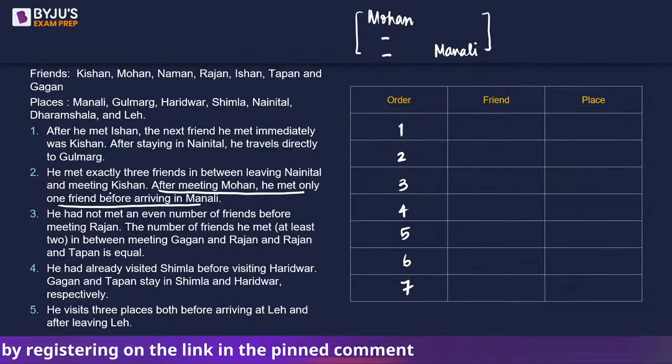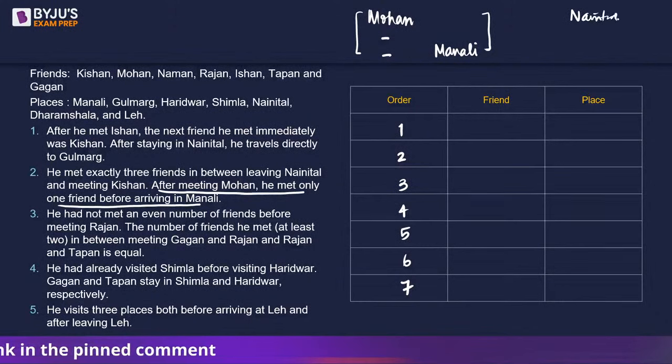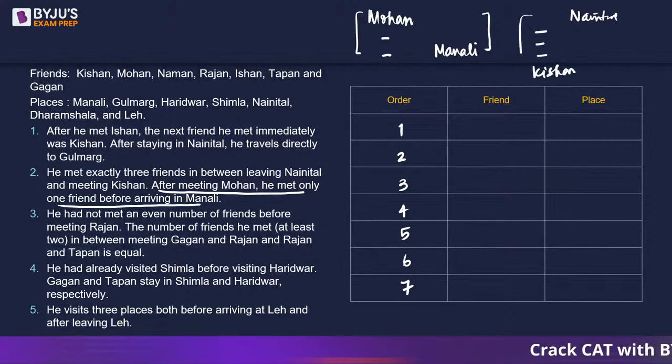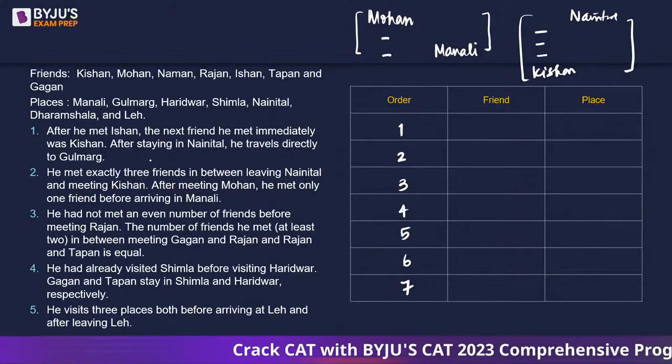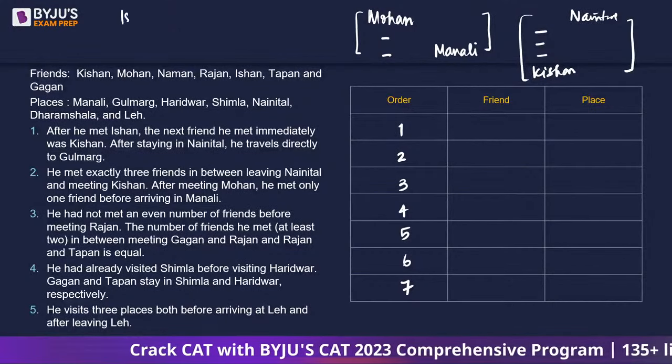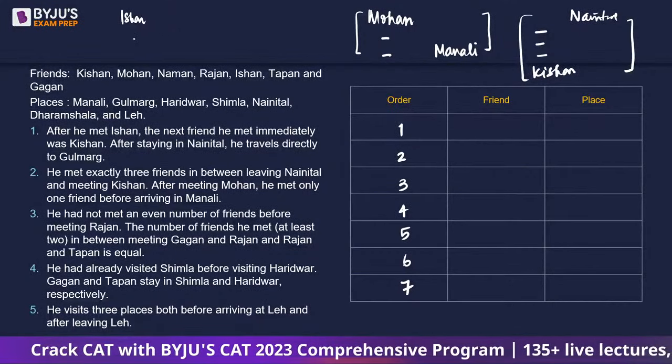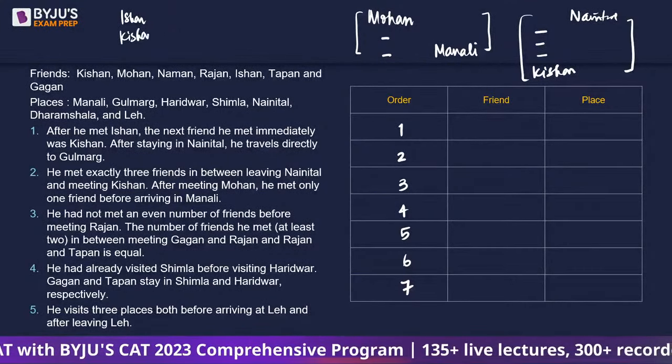Nainital and meeting Kishan. So if I put Nainital here, after leaving Nainital and meeting Kishan, he met exactly 3. So this is the arrangement we are supposed to put from the second point, first statement. From the first one, after he met Ishan, the next friend he immediately met was Kishan.